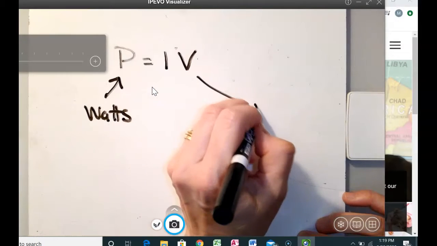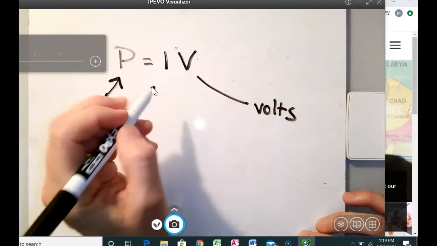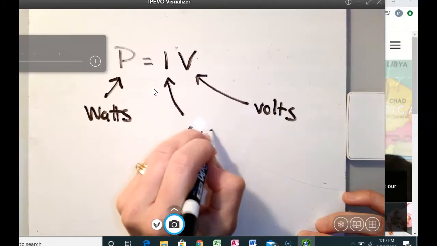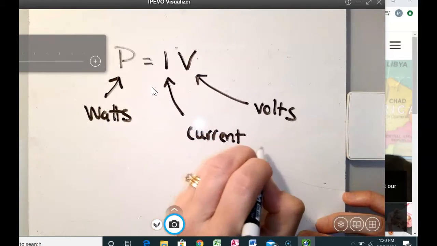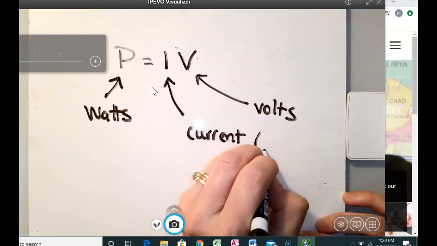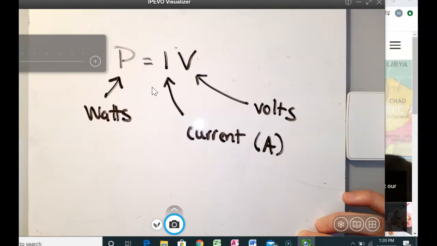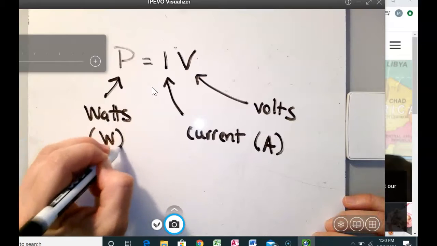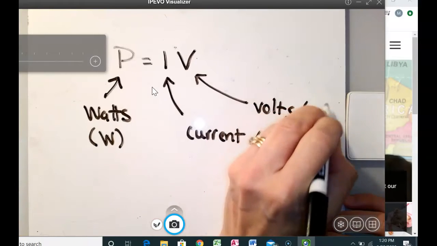V is just like before. This is volts. And then I is current. Remember, current is measured in amps. So let's go back. P is measured in watts, and then volts and V.